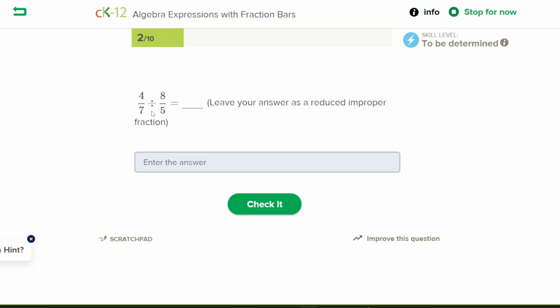Alrighty. So now this one again involves division. One thing I want to point out here is that any division symbol you see like this, the obelus symbol, a little line with a dot above and below it, this is the division symbol. Whenever you see that symbol, you can rewrite the problem as a multiplication problem.